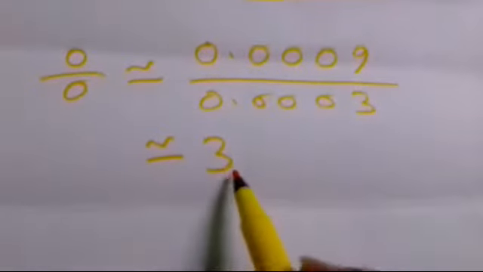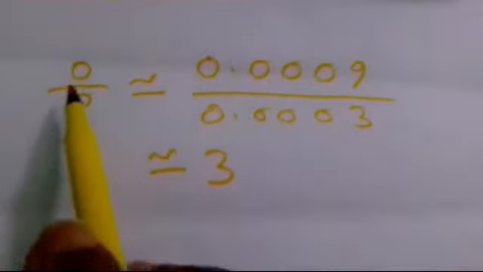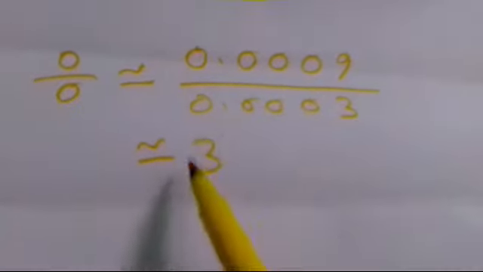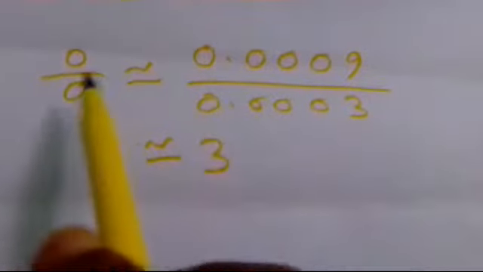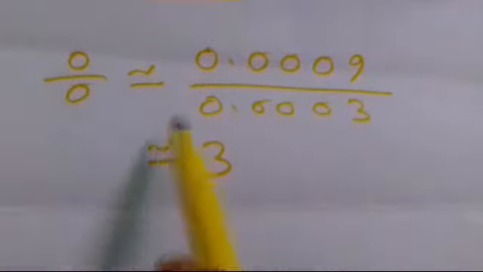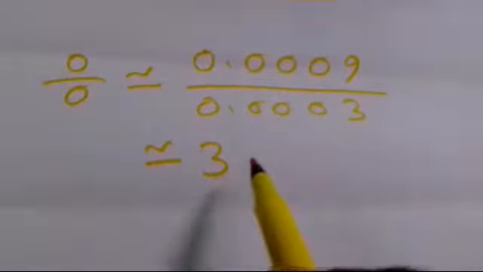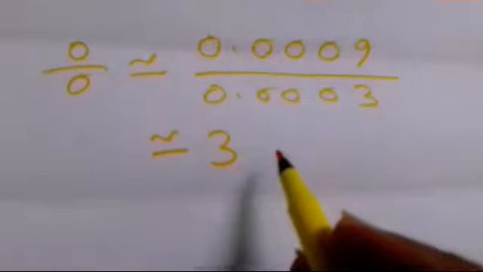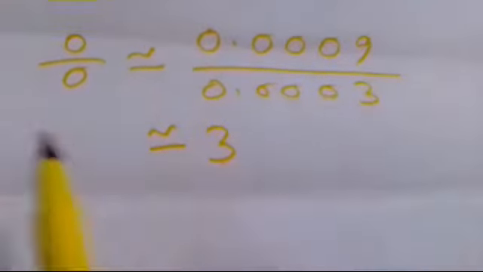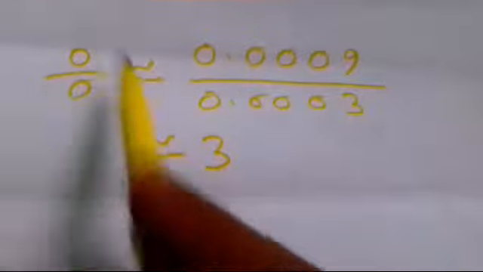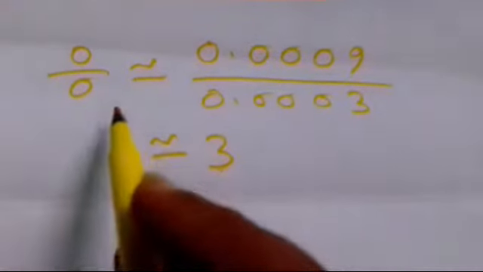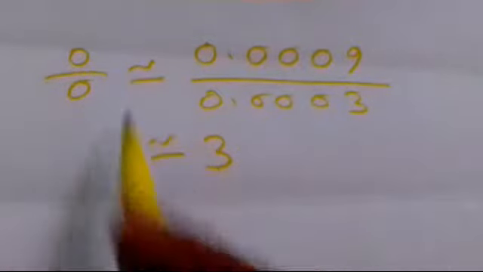We are finding here the result 3. So actually what happens is that the numerator tends to 0, the denominator also tends to 0, so the ratio will be finite. But in the earlier case we found 1 or 2, here we find 3, and in these cases we don't find any fixed result. Actually 0 by 0 is a form, it is not a fixed value. We can't find any fixed value from 0 by 0.